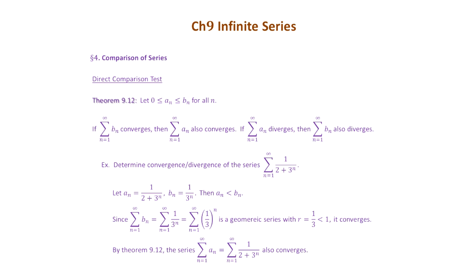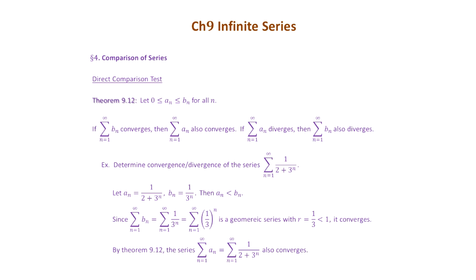If you know the series bn converges, then the series an must converge. Okay, because bn is greater than an. If the greater series sums up to a finite number, then the smaller series also sums up to a finite number because they are all positive, or zero.